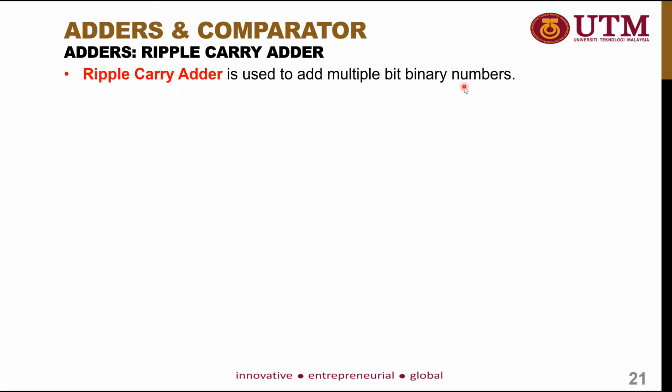But what the ripple carry adder does is enable multiple bits. So for the ripple carry adder, the size of A will become 4 bits, and the size of variable B will also become 4 bits. So it will enable a multiple-bit binary number addition operation.